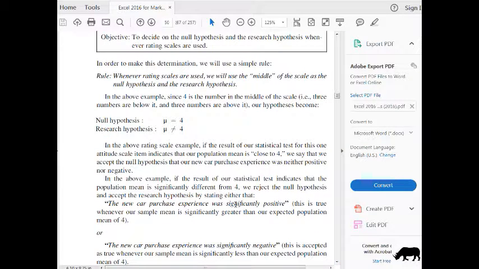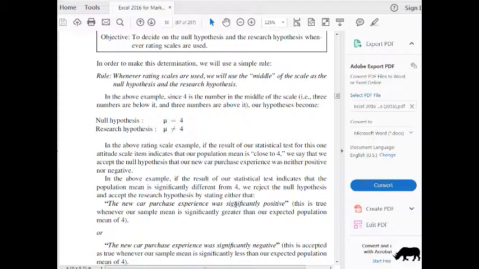In the above rating scale example, if the result of our statistical test for this one attitude scale item indicates that our population mean is close to 4, we say that we accept the null hypothesis, that our new car purchase experience was neither positive nor negative.